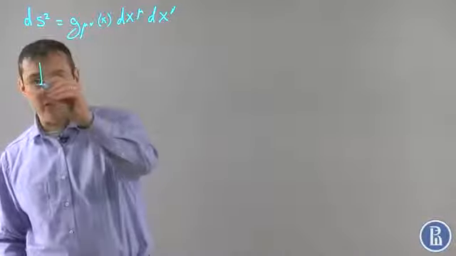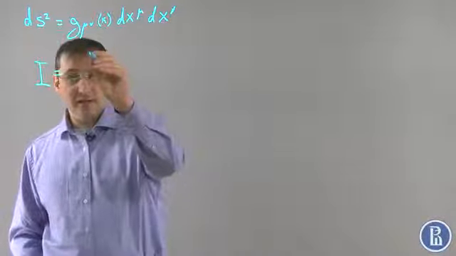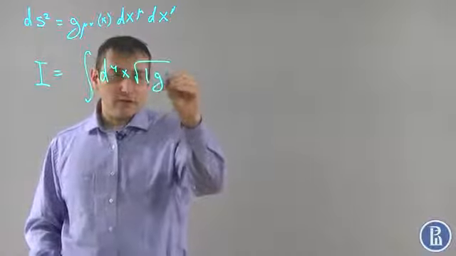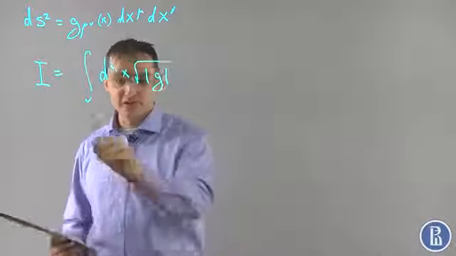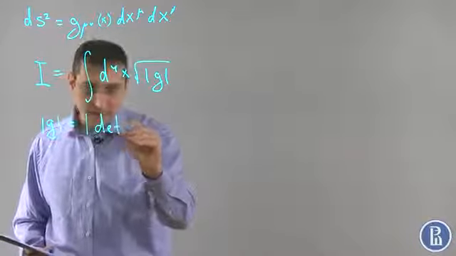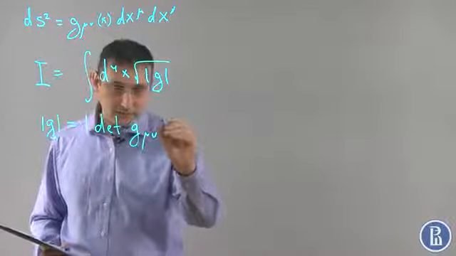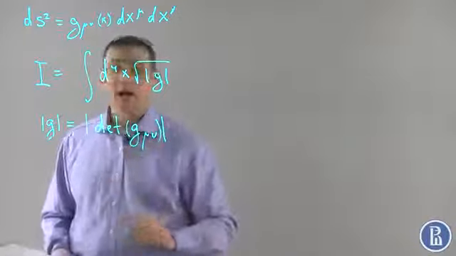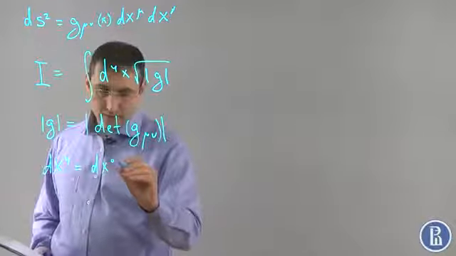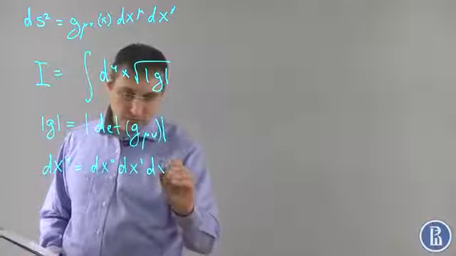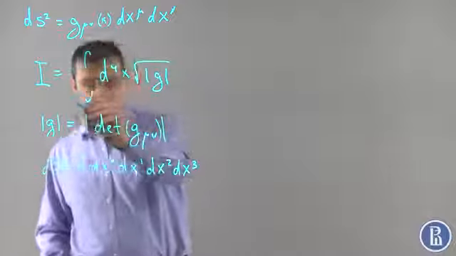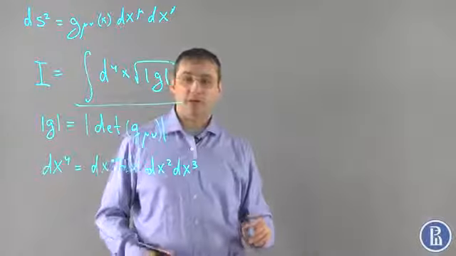So the simplest invariant that one can write in these circumstances is the integral of d^4x square root of the modulus of g, where the modulus of g is the modulus of the determinant of the metric tensor, and d^4x is just dx0, dx1, dx2, dx3. This integral is invariant under general covariant transformations.